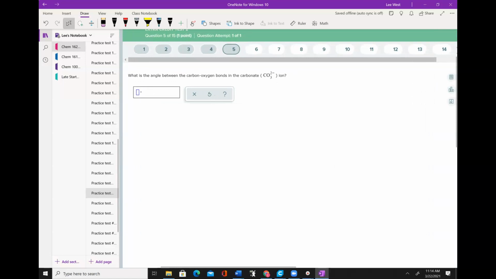Okay, what is the angle between the carbon-oxygen bonds in the carbonate ion? So again, we're going to have to draw a Lewis structure. It's a little more clear cut here. Carbon and oxygen. Carbon's in group 4, oxygen's in group 6A, so we know that carbon's going to go in the middle. So counting up electrons, 4 for the carbon, and 3 times 6 for the oxygens, and then don't forget the 2.